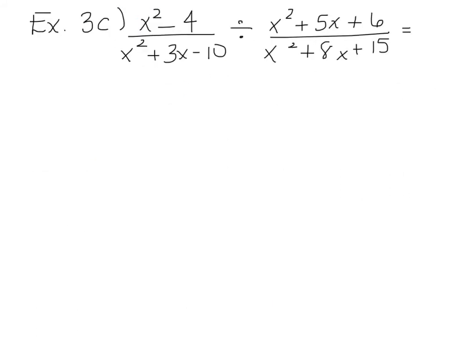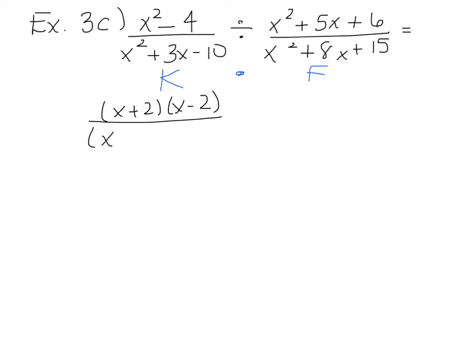Division is a little different because we're going to use a process called keep, change, flip. What that means is you're going to keep the first fraction like it is, but I'm going to go ahead and factor it. Factor everything completely. Then you change your division to multiplication.